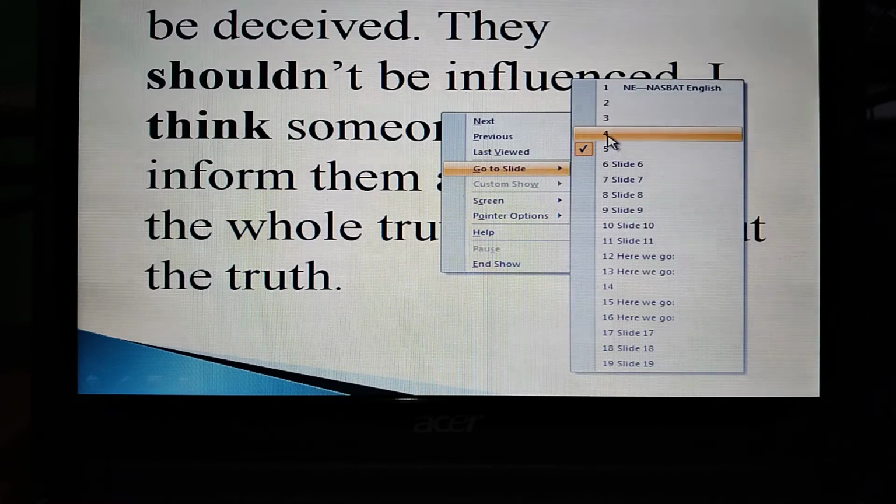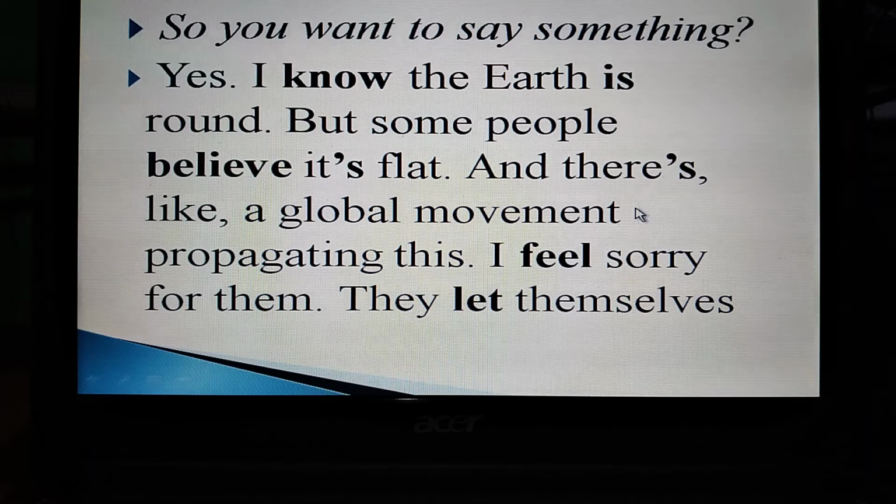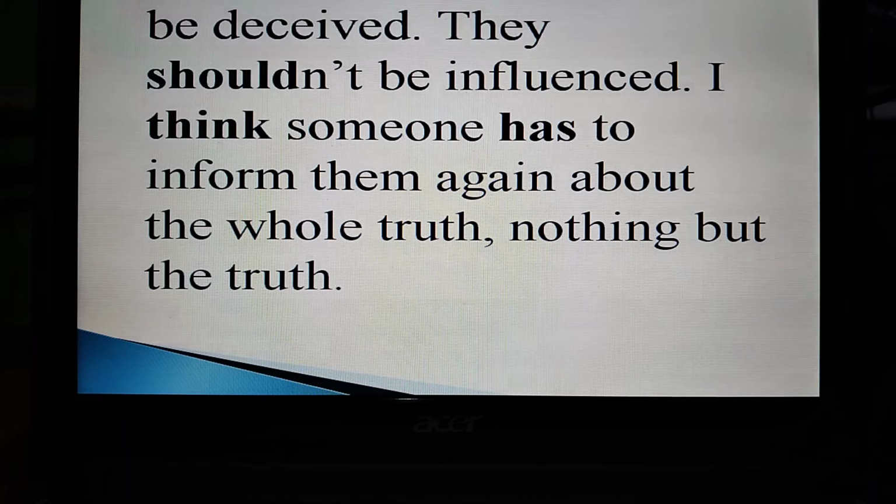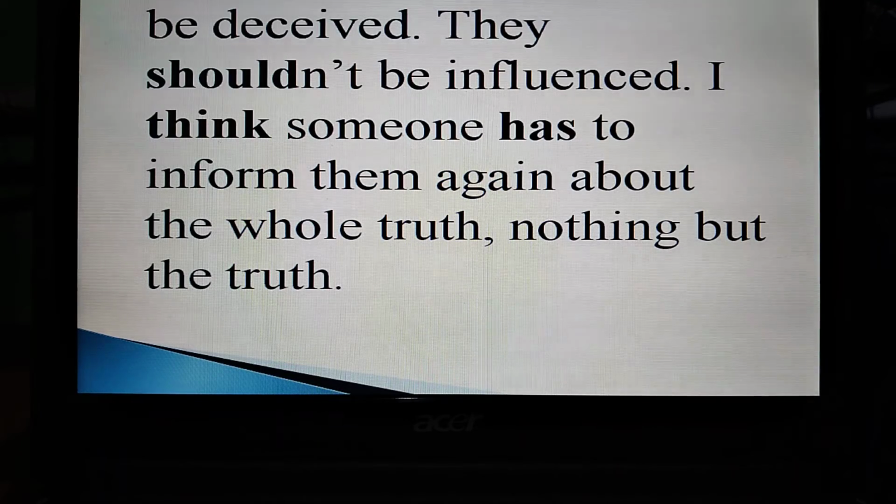So, yeah. Now, so know is believe is like in it's from it is, right? Feel, let, should, think, and have. Now has for someone. It changes into has for someone, right?